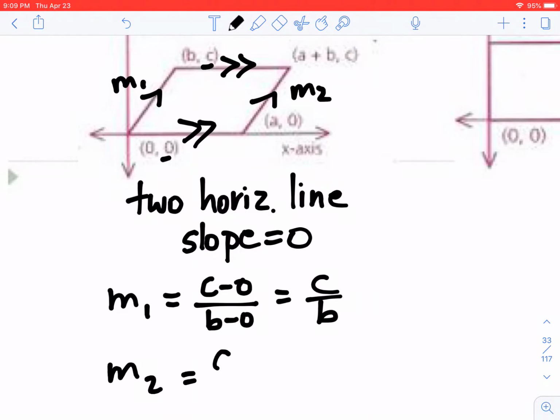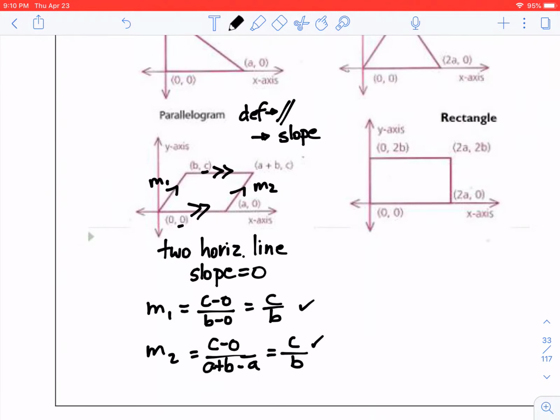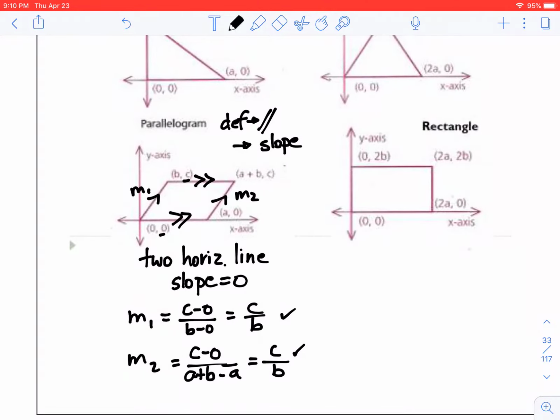But c minus 0, again, are the y coordinates, and the x coordinates, a plus b minus a. Watch your order on those. Make sure that you always subtract in the right order. We're not squaring in this case like we were in the distance formula. And voila. So I've proved that that is a parallelogram.